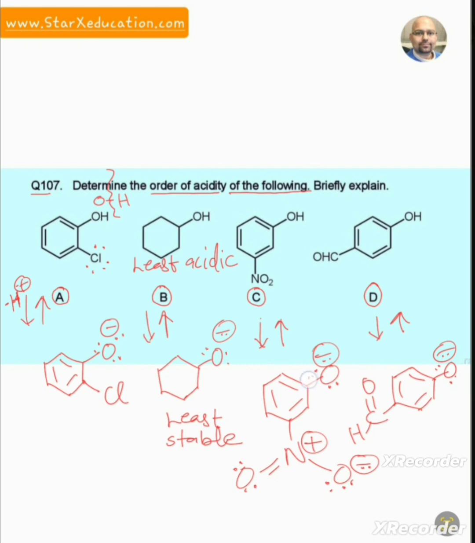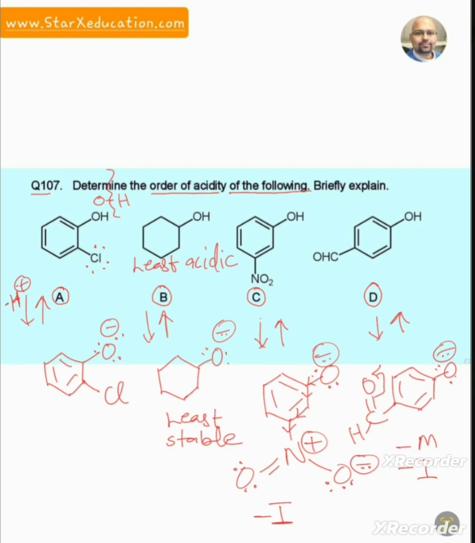However, it would stabilize the negative charge of the conjugate base by its negative inductive effect. In case of D, this is a very strong electron withdrawing group and it is at para position to the OH group. Hence, this would stabilize the conjugate base by negative mesomeric effect and negative inductive effect.